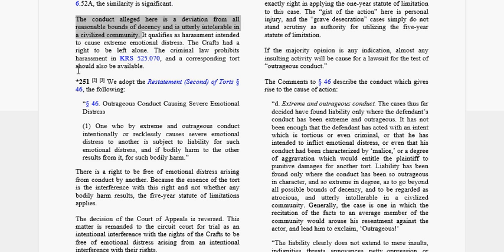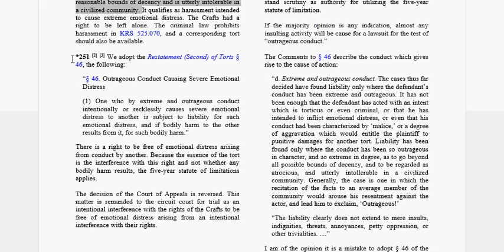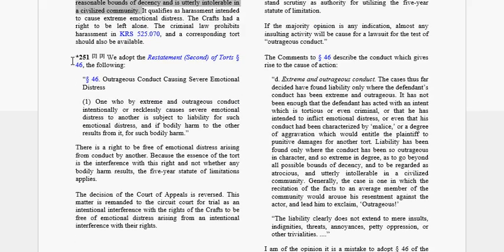The court decides to adopt the Restatement Second of Torts version of a tort, so that Kentucky will now, for all cases in the future, have a tort that recognizes that someone who is hurt by, as the language is pretty clear here, extreme and outrageous conduct and suffers severe emotional distress as a result can recover from the wrongdoer, the person who engaged in that conduct.